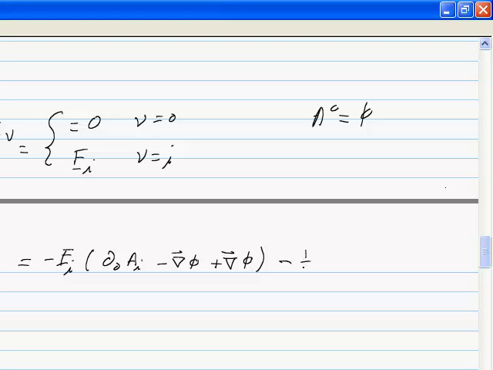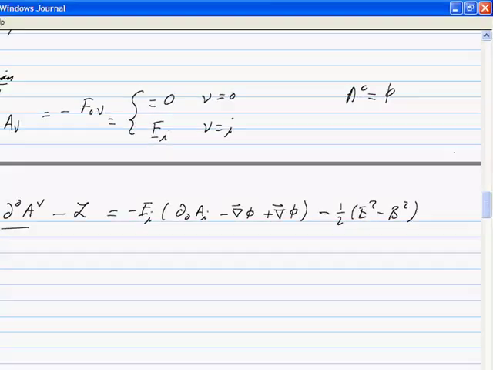Minus 1/2 (E squared minus B squared). Okay. d0 A_i plus del phi is minus E_i. So part of this here becomes E squared, E times E, minus a half E squared.